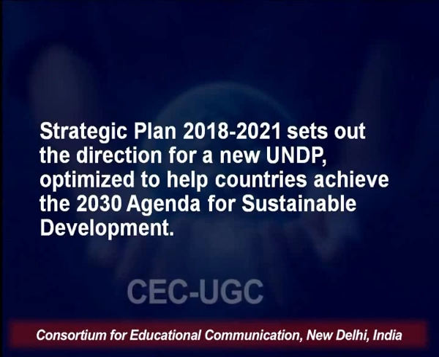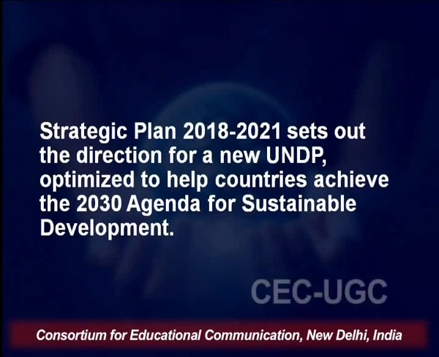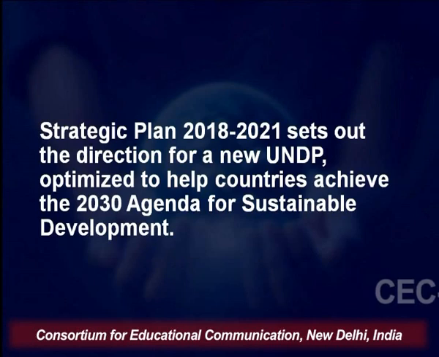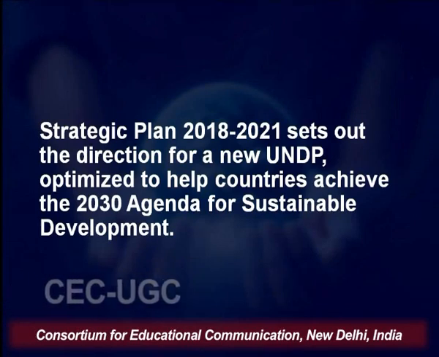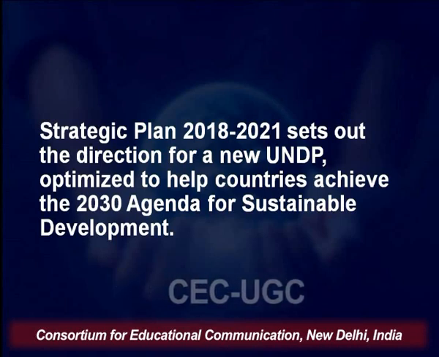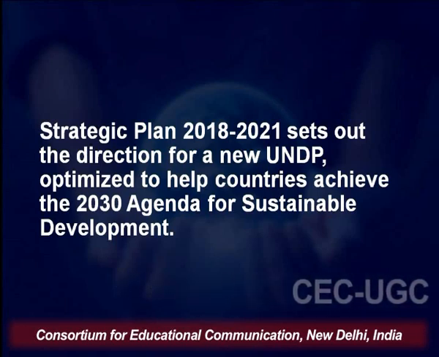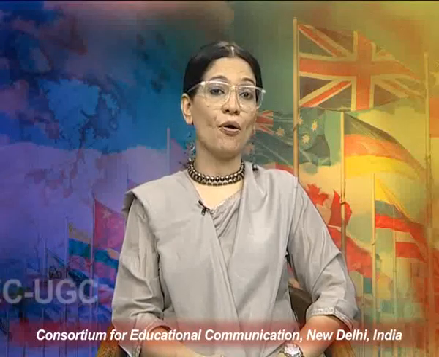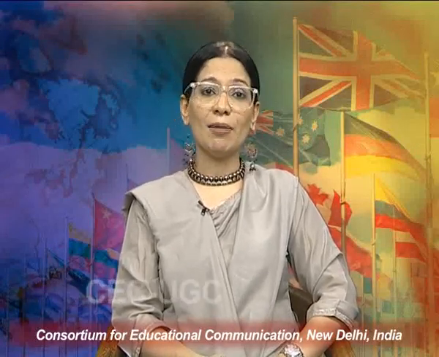So when we look at the strategic plan from 2018 to 2021, it sets out direction for a new UNDP that is optimized to help countries achieve the 2030 Agenda for Sustainable Development.